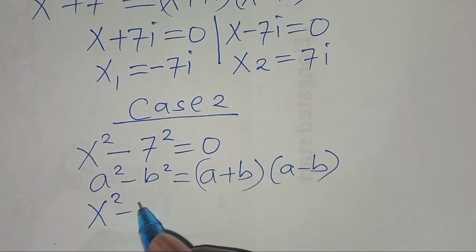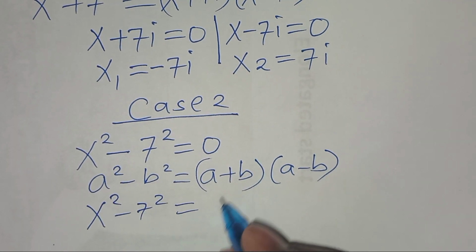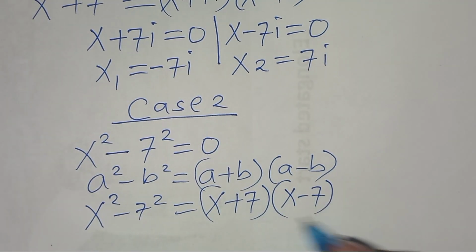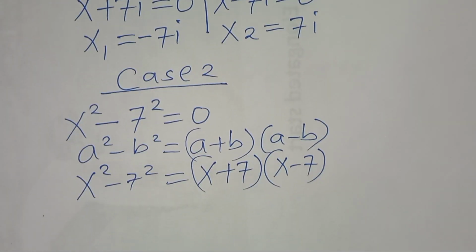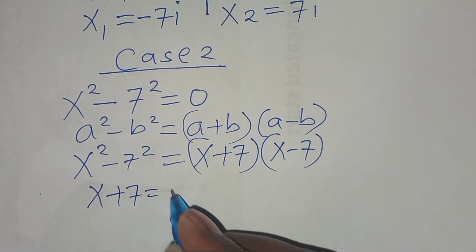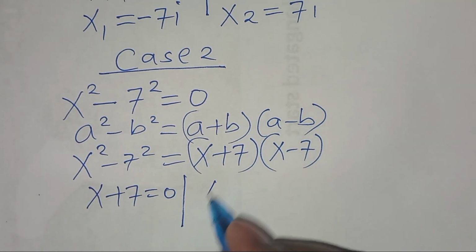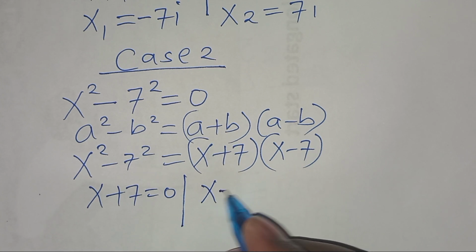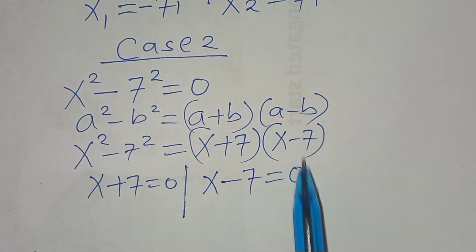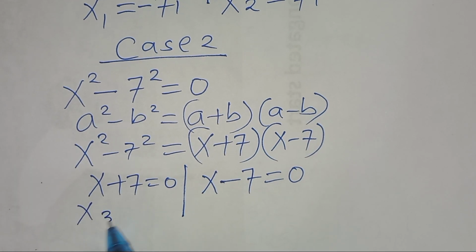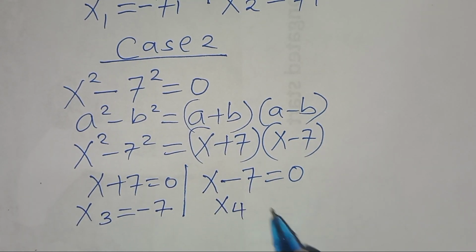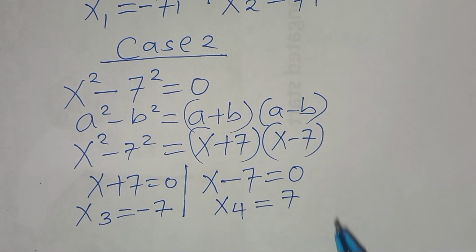So it can be expressed as x plus 7, x minus 7. So here we have two parts, x plus 7 equal to 0 as the first part, and x minus 7 equal to 0 as the second part. So x3 is equal to negative 7, and x4 is equal to 7.